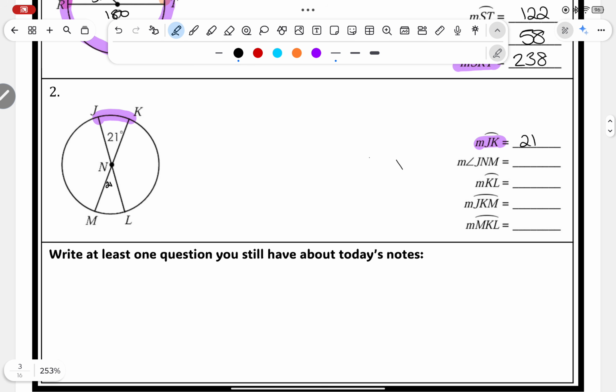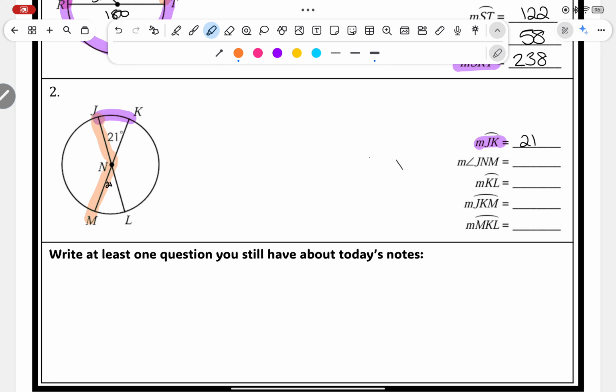Next question is asking me to find the measure of JM. JM isn't quite a straight line, but JL is.